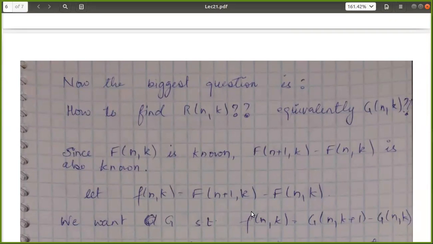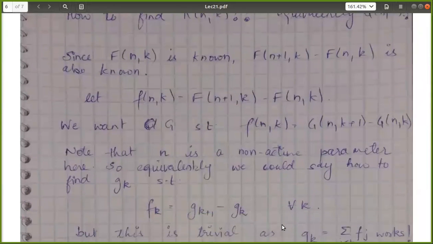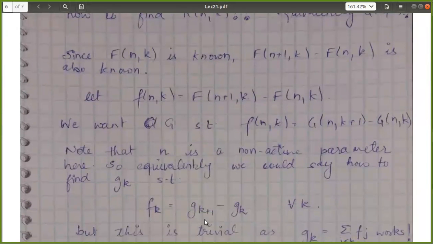So writing this entire thing, f as a function of two variables could actually be written as a function of a single variable. So this f of n,k I would then write as f of k, and this I would write as g of k plus 1, and this then is g of k. So then what we are actually saying is that given such an f of k, remember that we know this already, right?